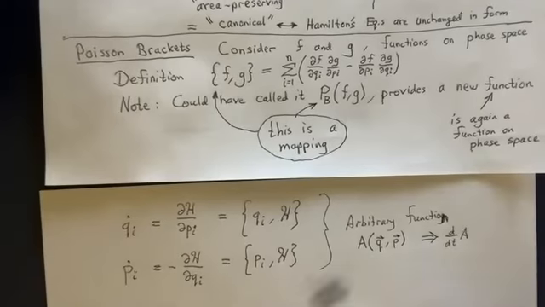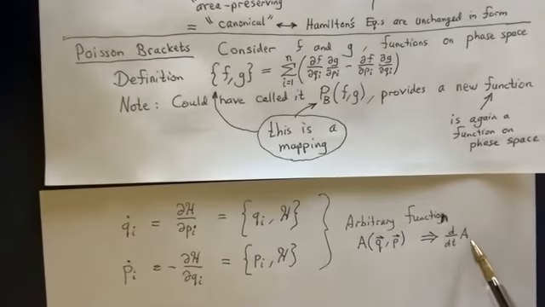You construct with functional composition a capital A as a function of just one variable t by inserting the so-called orbit in classical mechanics. That's the solution Q of t and P of t. So in that sense, we construct a capital A that's a function of t only. And this is what it means to compute the total time derivative of anything in classical mechanics.